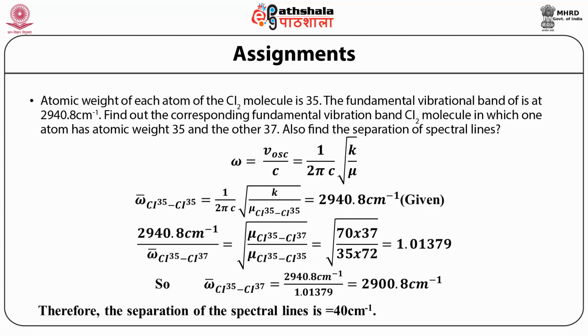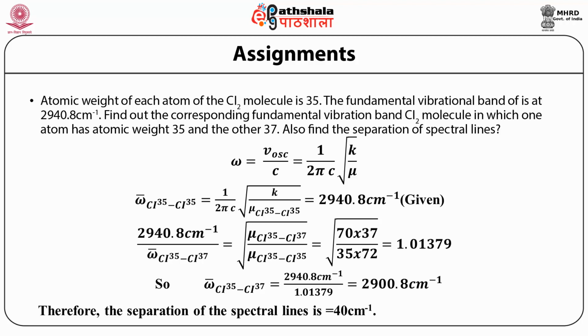So putting this in this equation, 2940.8 divided by omega Cl35 Cl37 is equal to under the root mu Cl37 upon mu Cl35, which is equal to under the root 70 into 37 upon 35 into 72. This comes out to be 1.01379.